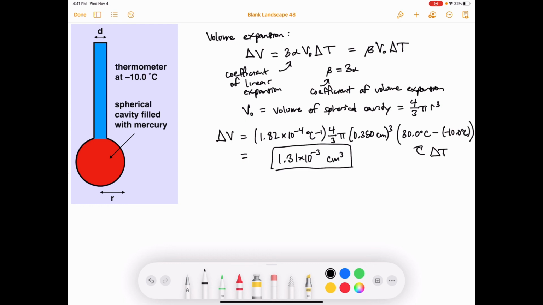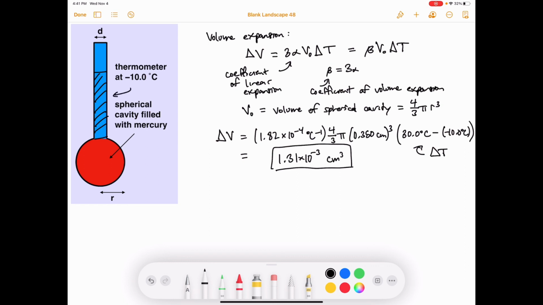So actually, let's draw that on our diagram. So the mercury that was initially only in the spherical cavity at the bottom, after it expands, some of it goes into this tube here. Okay, so let's shade this region right here.